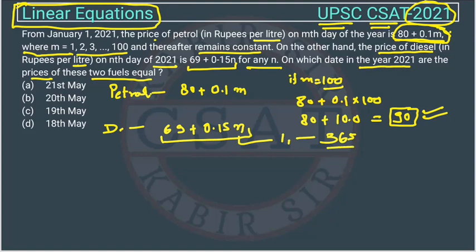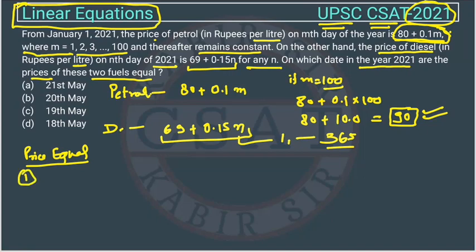In 2021 they have given the equation, the price is determined by this equation. Now the question is asking on which day the price of both commodities, petrol and diesel, will become equal. So the question is talking about when the prices become equal. So let the prices become equal.